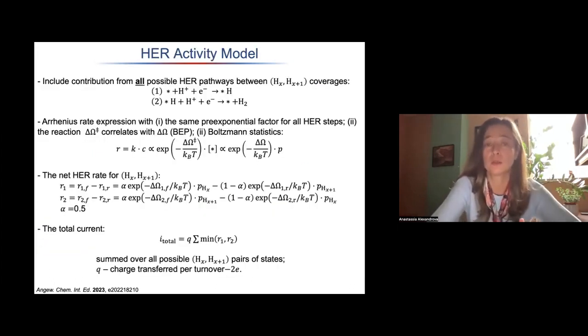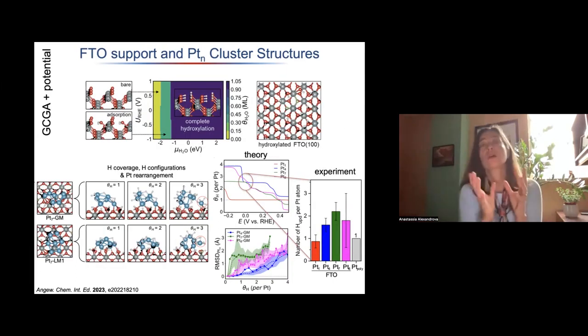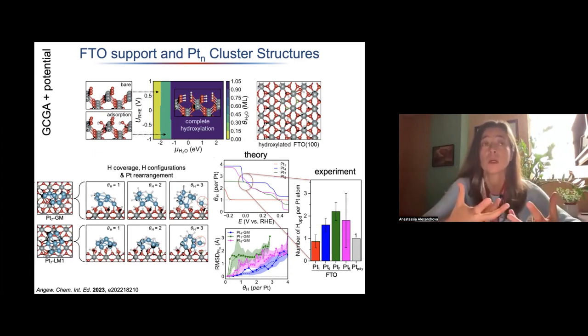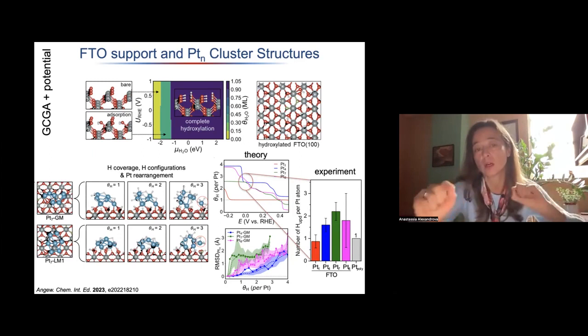Then we have an activity model. I will not go through details here. We basically build a model which allows us to simulate reactivity on these clusters, encompassing the full complexity of the interface, where these clusters can change shape, but in such a way that the reaction network connects only neighboring hydrogen coverages.